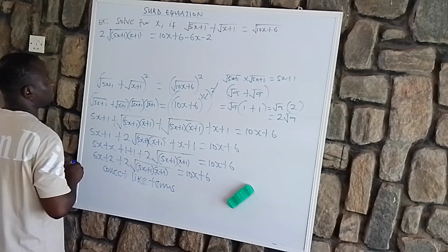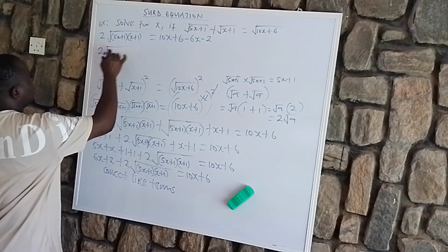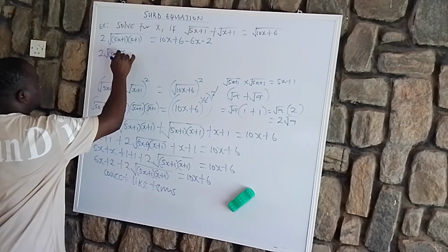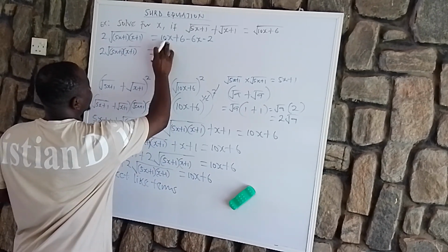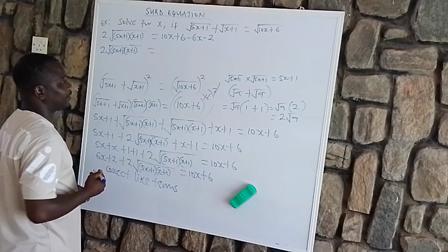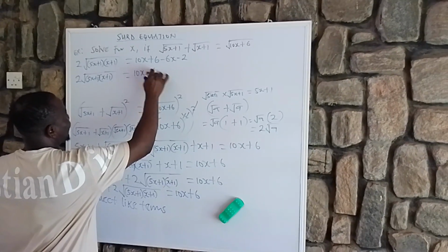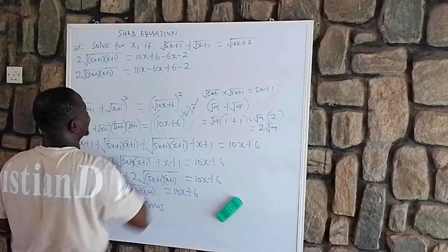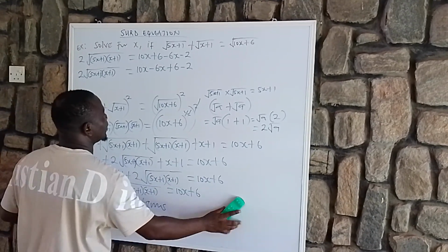Do you agree with me? So the left side will now be 5x plus 1 in bracket x plus 1. This equals 10x minus 6x. For the sake of clarity, let's do it this way: 10x minus 6x plus 6 minus 2.